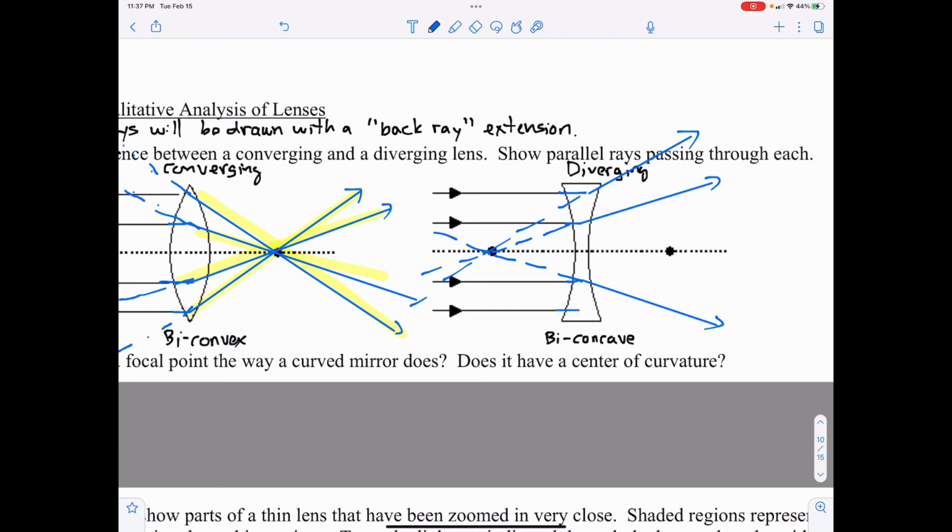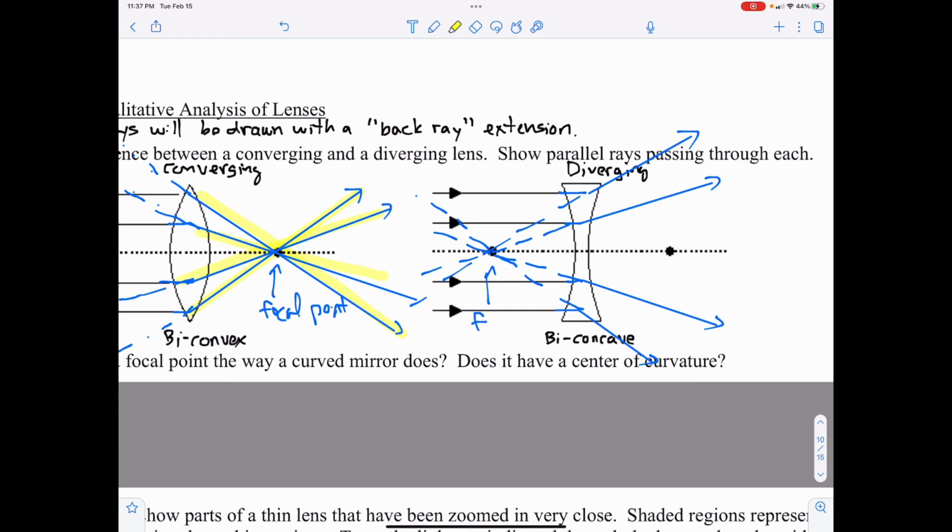Okay, notice the pattern that's being developed here. That makes this a focal point, but it also makes this a focal point too.